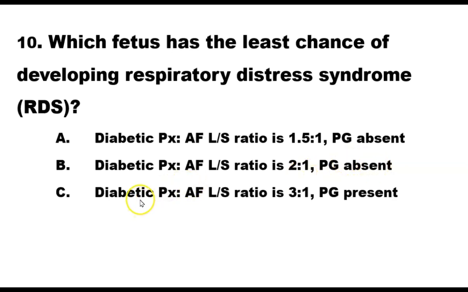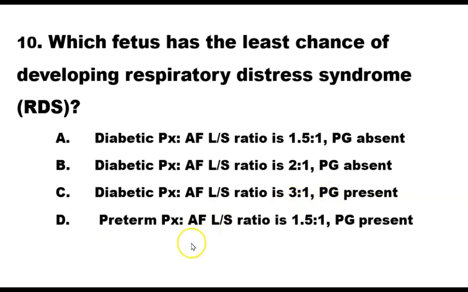C. Diabetic pregnancy, lecithin sphingomyelin ratio is 3 to 1 and phosphatidylglycerol is present. D. Preterm pregnancy, L to S ratio is 1.5 to 1, phosphatidylglycerol is present. Think over it for 5 seconds.